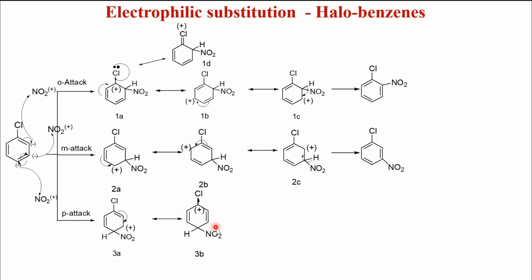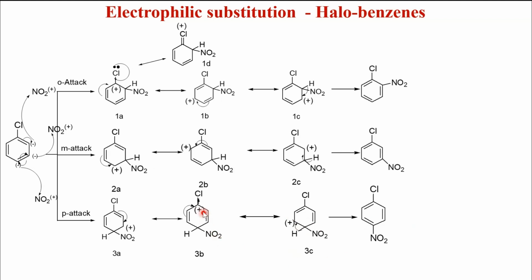The new positive center is satisfied by the movement of the pi electrons from the adjacent carbon in this fashion, giving rise to a positive center at the meta position. The carbon-hydrogen bond breaks.